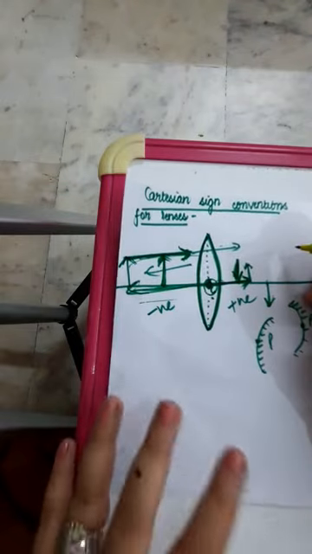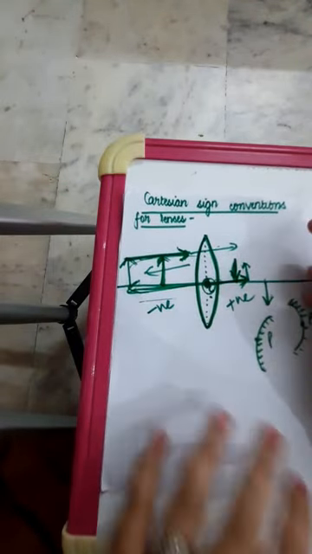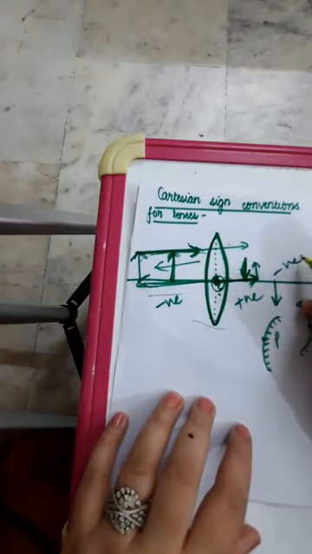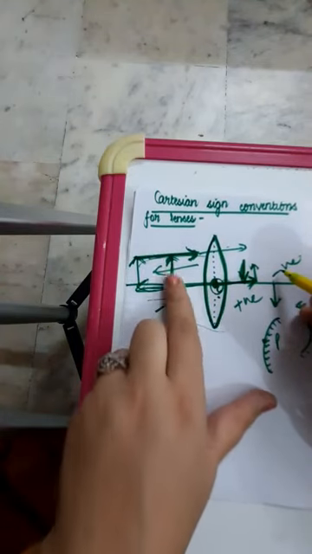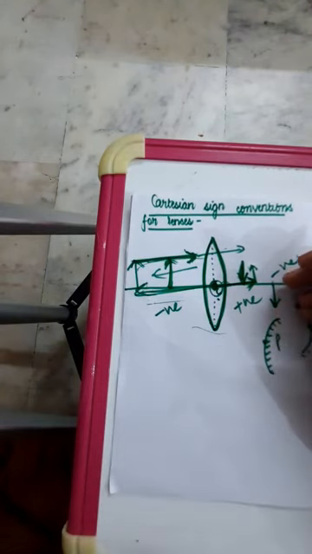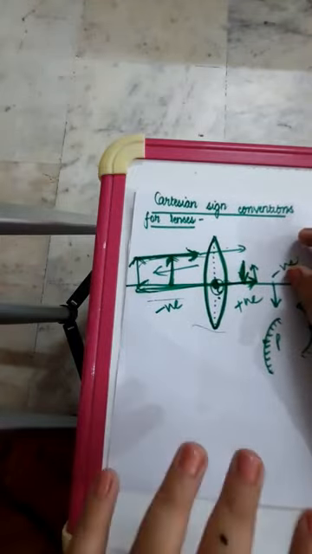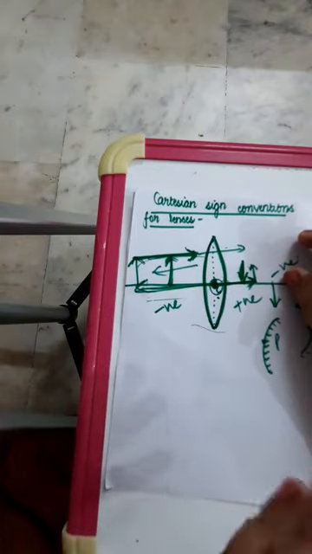So this time the image height will be measured below the principal axis, and will be taken as negative. So the heights measured above the principal axis are taken positive, and the heights measured below the principal axis are taken as negative.